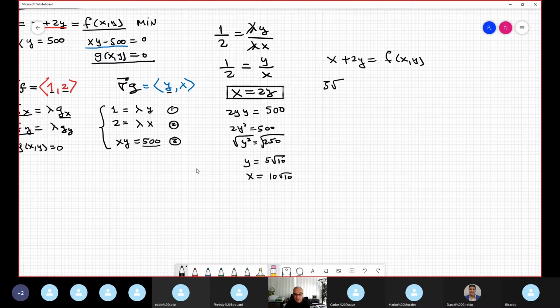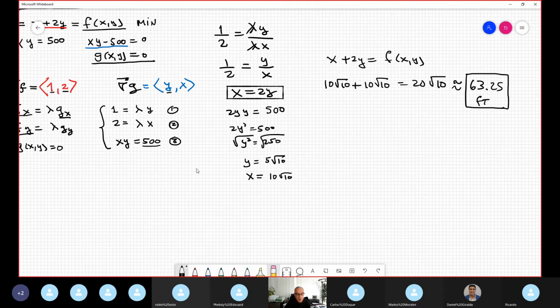The x is 10 radical 10, it's twice, plus 2 times 5 radical 10, que es 10 radical 10. Que es 20 radical 10. This is approximately, to have some idea, 63.25 linear feet of material. I don't know si es aluminum.